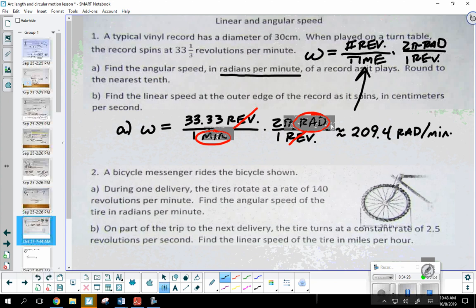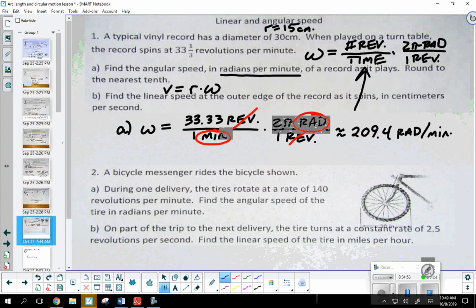This is omega. In order to find the linear speed, the linear velocity, that's V is equal to R times omega. Well, what was R? What does R represent? The radius. Well, what's the radius of my vinyl record? 15. So here's the thing.